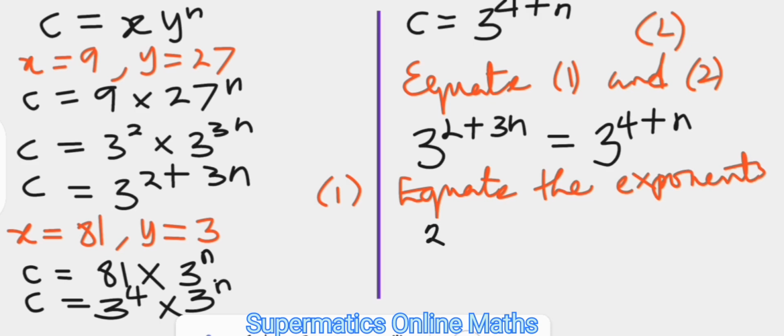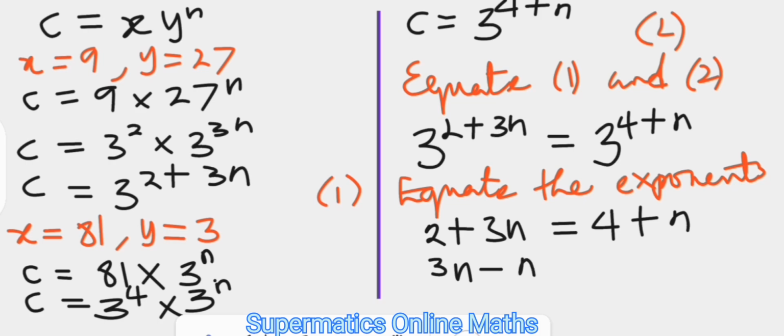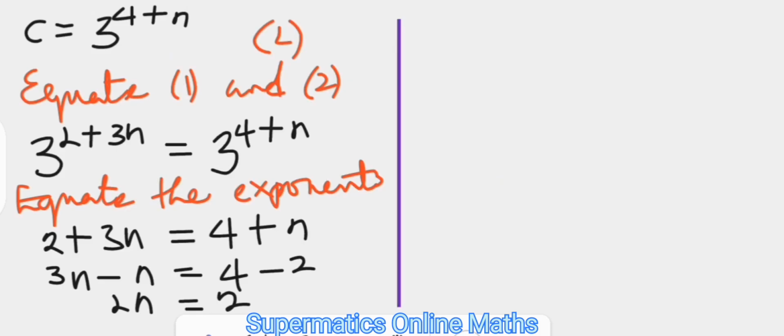Equating the exponents leaves us with 2 plus 3n equals 4 plus n, so from here we subtract n from both sides and 2 from both sides to give 3n minus n on the left and 4 minus 2 on the right, where 2n is 2. Dividing both sides by 2, n is 1.